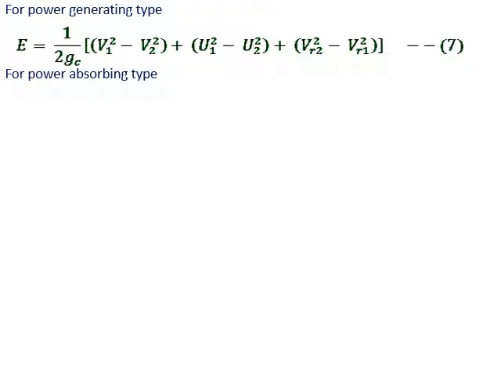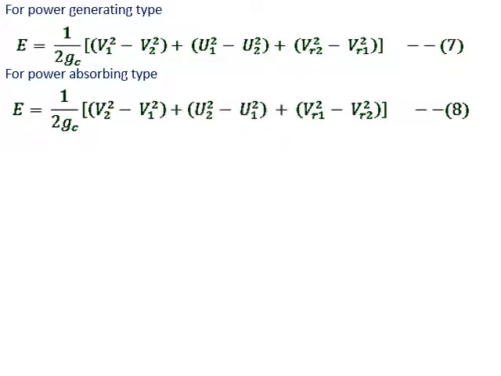For a power absorbing type of turbo machine, the energy transfer is equal to 1 by 2 Gc into V2 square minus V1 square plus U2 square minus U1 square plus Vr1 square minus Vr2 square. So that is expression number 8. Next, what are the components of energy transfer?